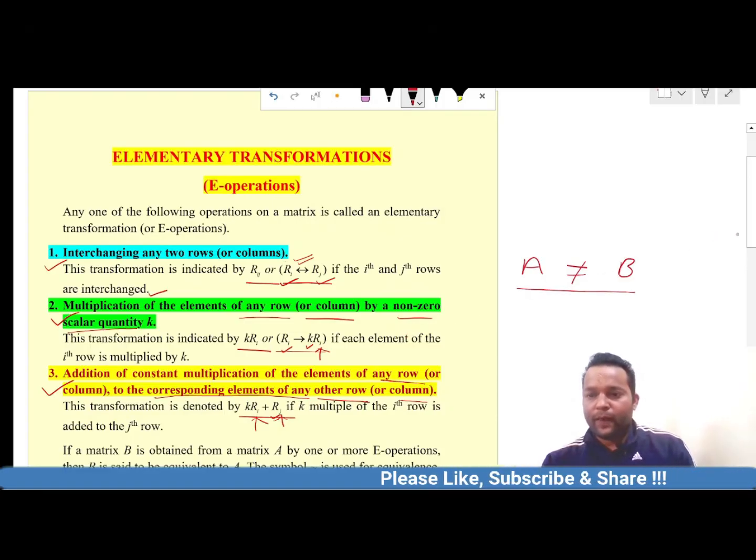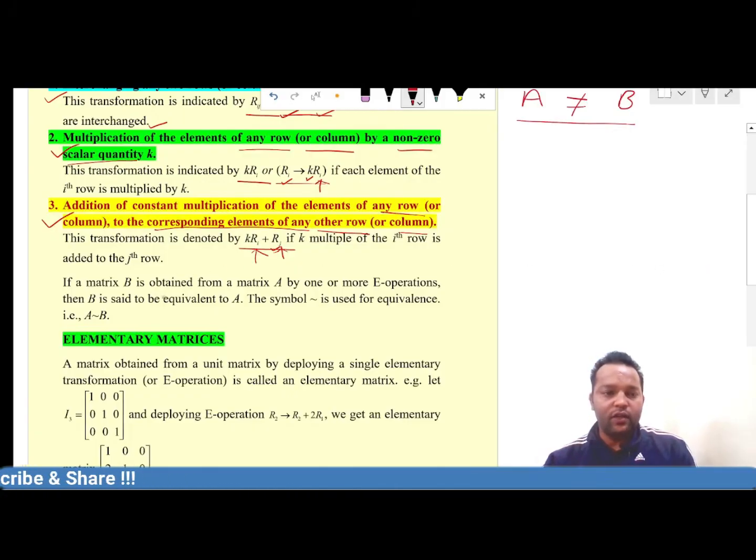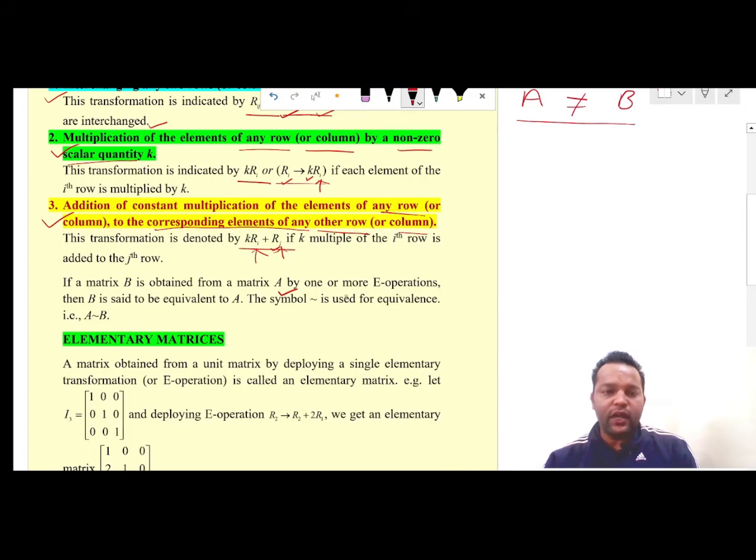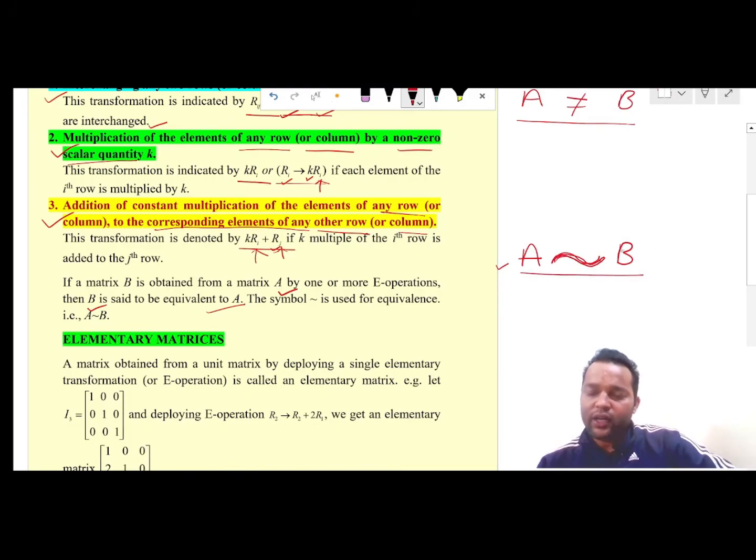A matrix that is obtained from the given matrix A by applying one of the elementary operations is said to be equivalent to A. The resulting matrix B is said to be equivalent to the matrix A, and the equivalence relation is indicated with this notation, which means that A and B are equivalent matrices, and the matrix B is generated from A by utilizing any one of these three elementary operations.